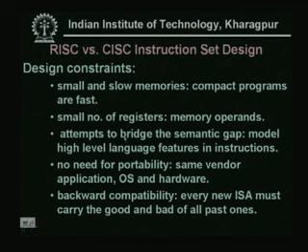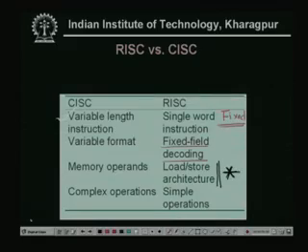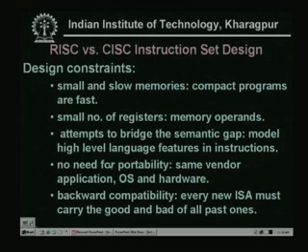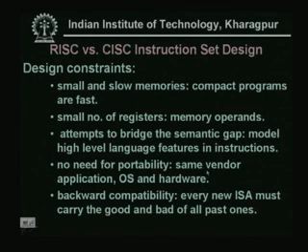Attempts to bridge the semantic gap model high level language features in instructions. No need for portability, the same vendor supplies application, OS and hardware, and there is backward compatibility. Every new ISA, the instruction set architecture, must carry the good and bad of all past ones.